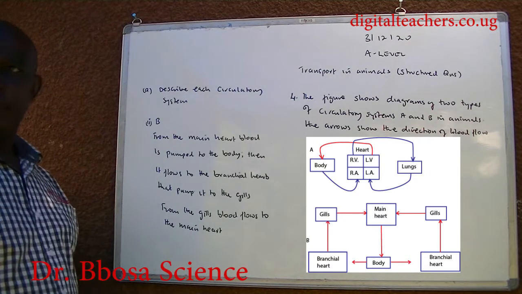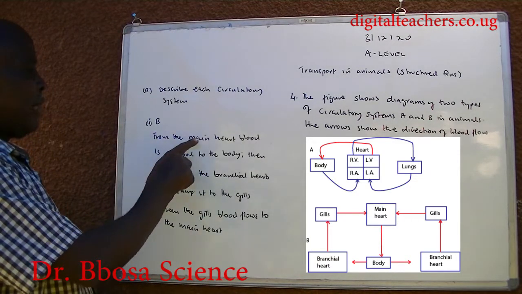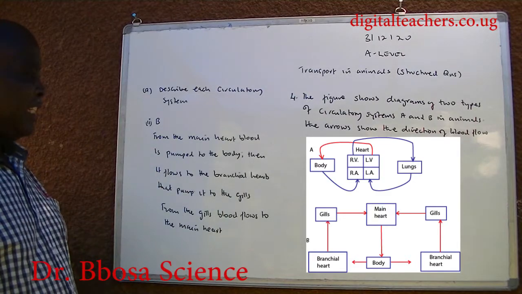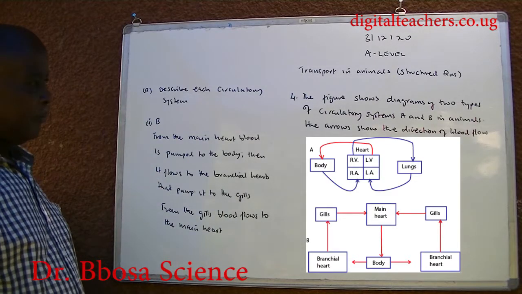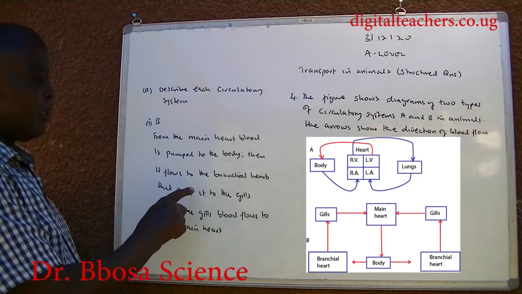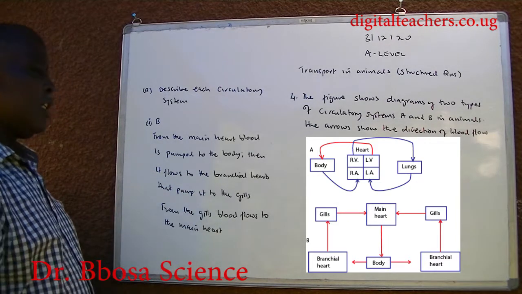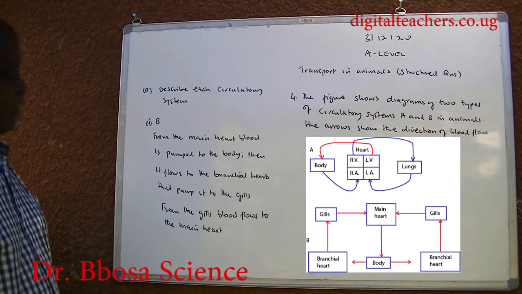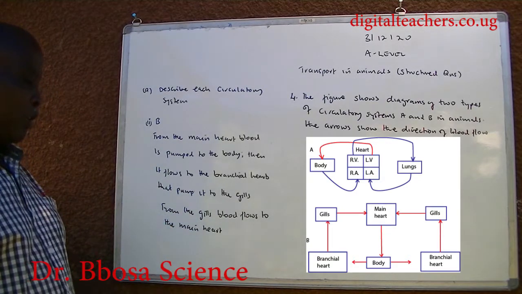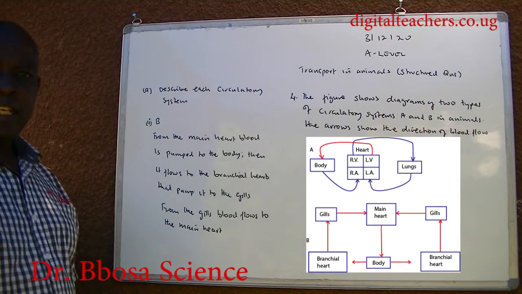In B, from the main heart, blood is pumped to the body. Then it flows to the branchial hearts that pump it to the gills. From the gills, blood flows to the main heart.